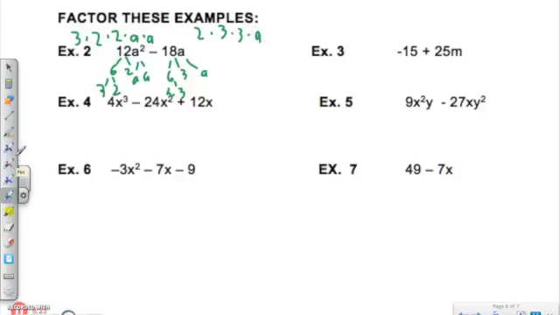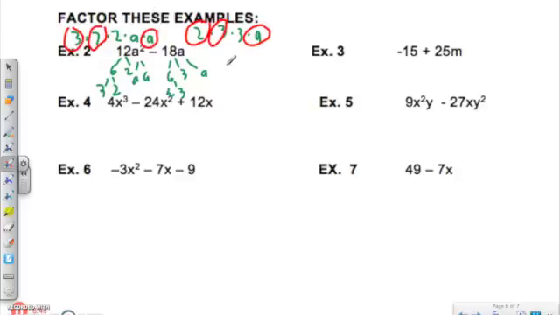So if I'm looking for my common factors, I have a 3 in each one, I have a 2 in each one, I have an a in each one. So my greatest common factor, I'm going to multiply those together. 3 times 2 times a is going to give me 6a.